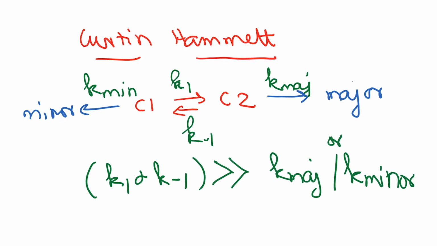Okay, so therefore what is important is that this conformation interconverting from here to here is going to be a really fast process, right? And so the product distribution is actually dictated by the value of K major, which is going to be higher, the higher the value, the more of the major product that's going to be formed. Okay, so with this background, now we need to start looking at the formation of the two products when we add lithium aluminum hydride to that carbonyl compound.